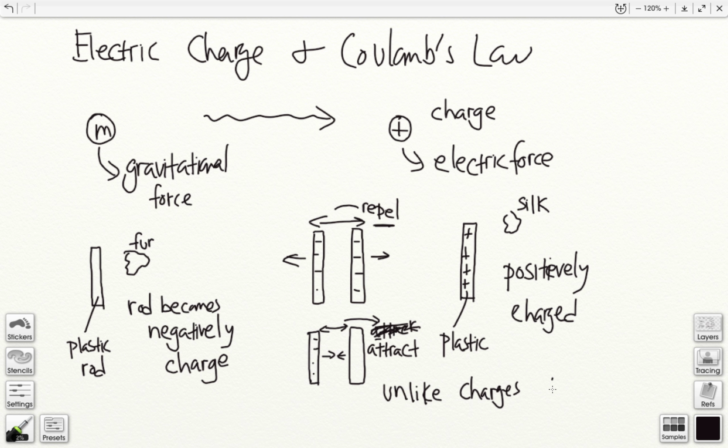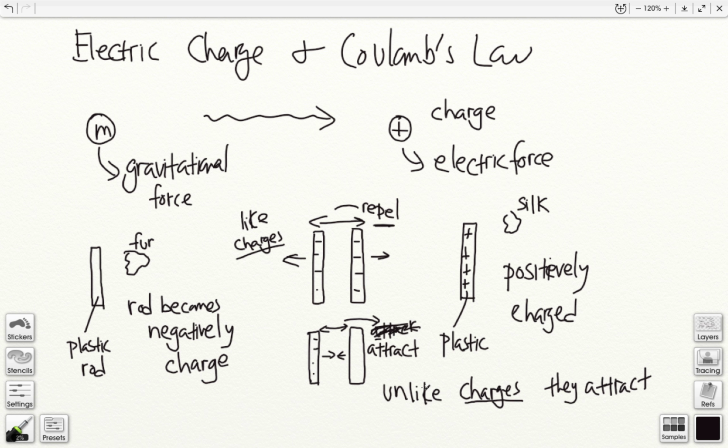And in cases where they repel, they have like charges. So in this situation, we'll call that like charges. That's kind of what we mean by charge.